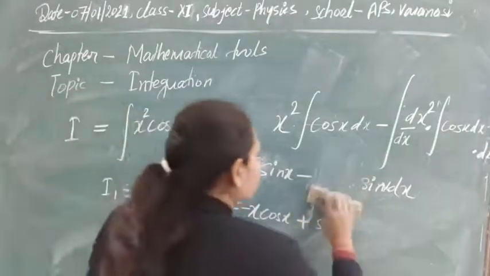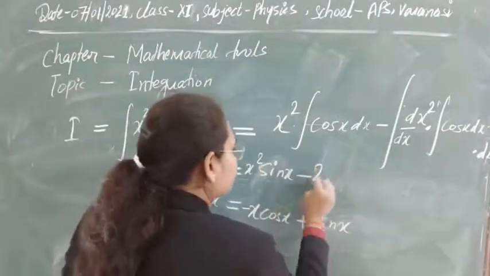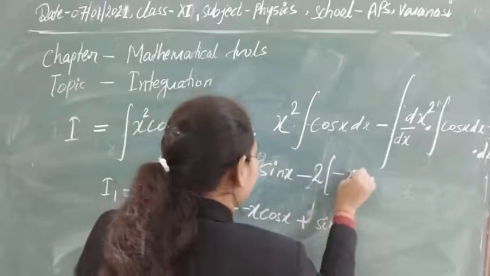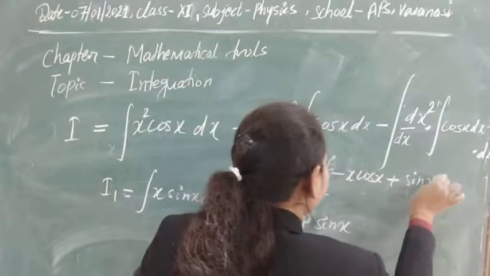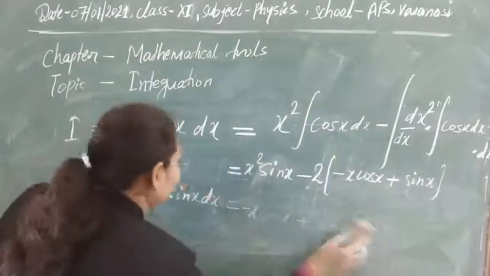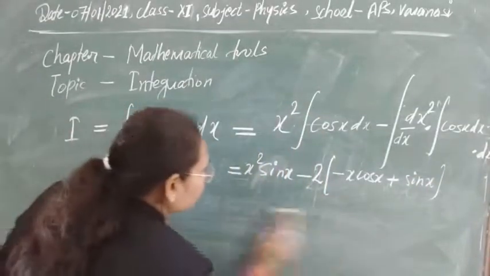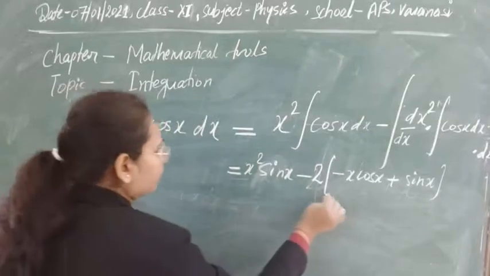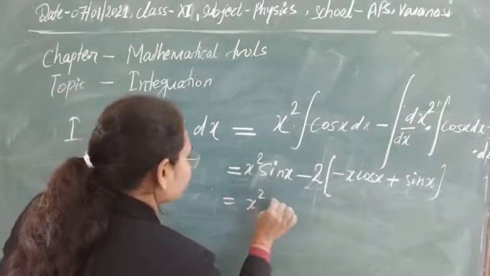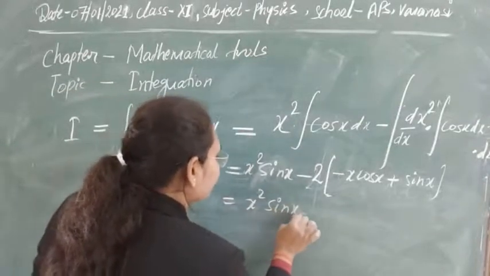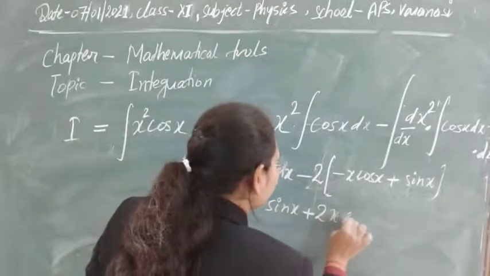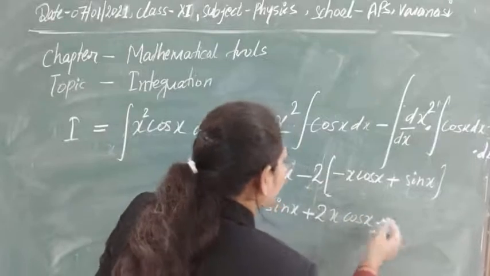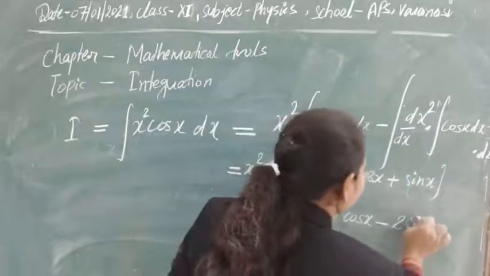So directly put this value here. So this is 2 times minus x cos x plus sin x. After this value, this will be x square sin x minus, or plus, altogether 2x cos x minus 2 sin x.